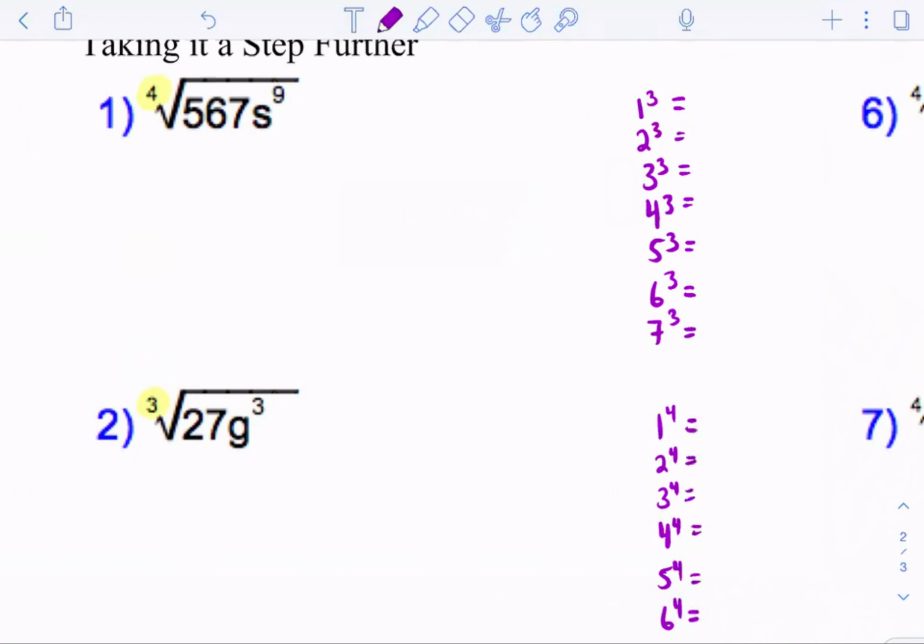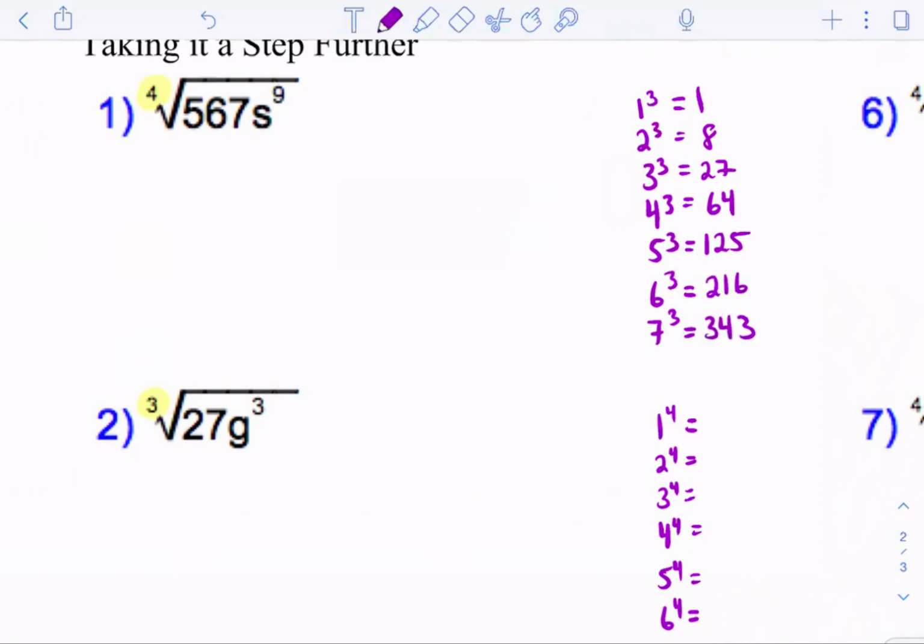And you can do this just in your calculator. So 1, and then 2 to the 3rd is 8. 3 to the 3rd is 27. 4 to the 3rd is 64. 5 to the 3rd is 125. 6 to the 3rd is 216. And 7 to the 3rd is 343.